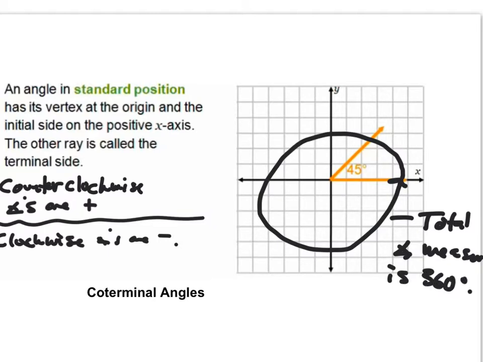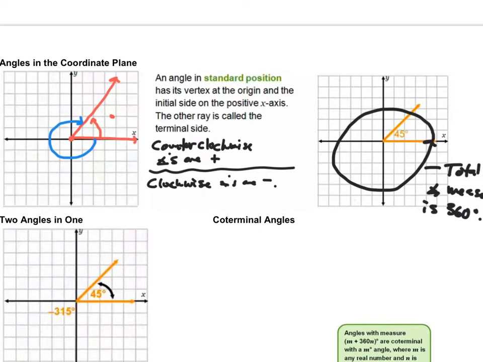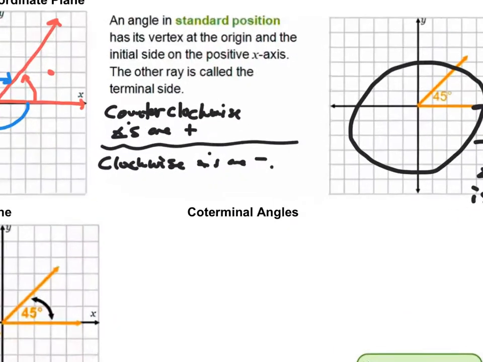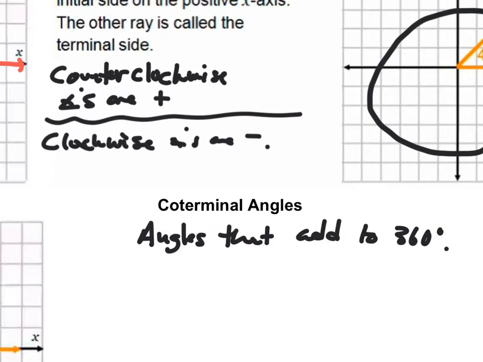Now we'll be able to do multiple revolutions and figure out angles, but coterminal angles are angles that add up to 360 degrees.